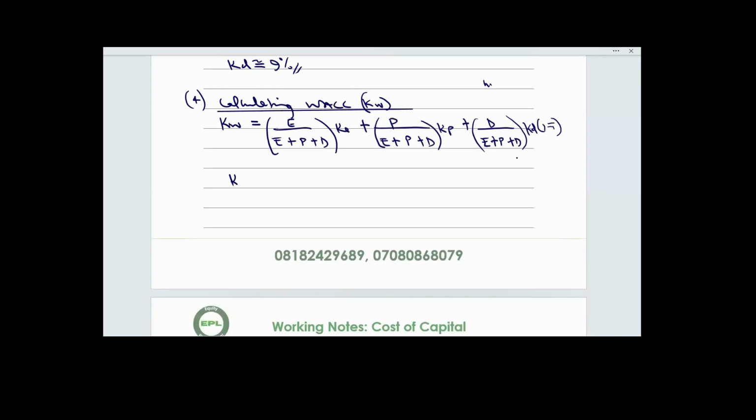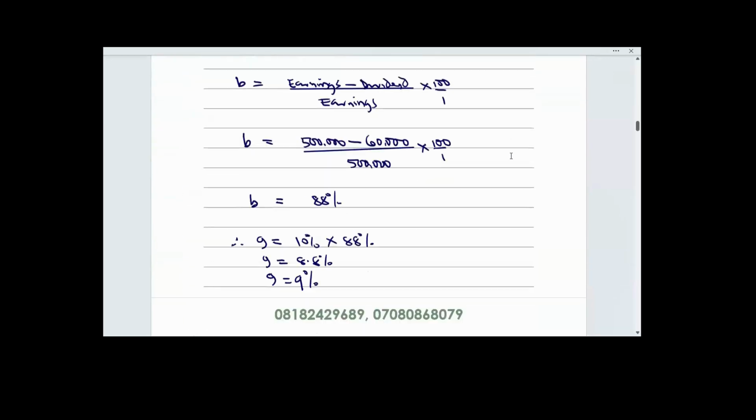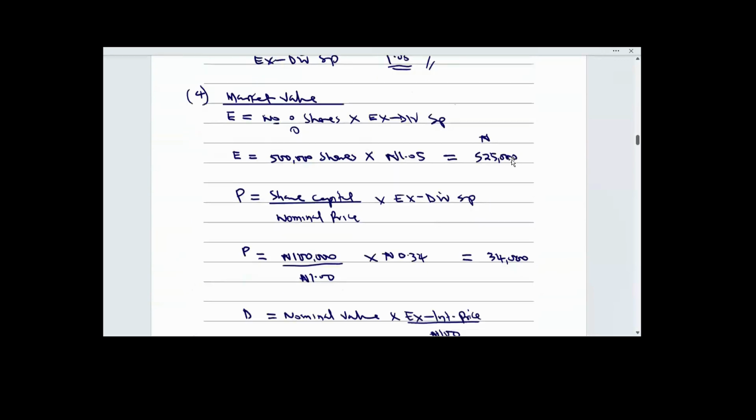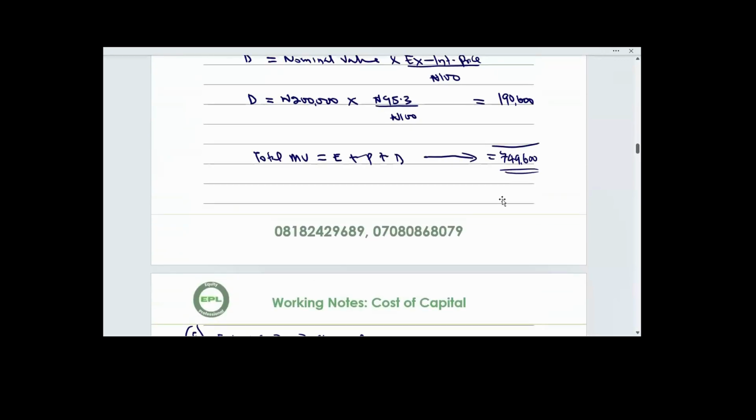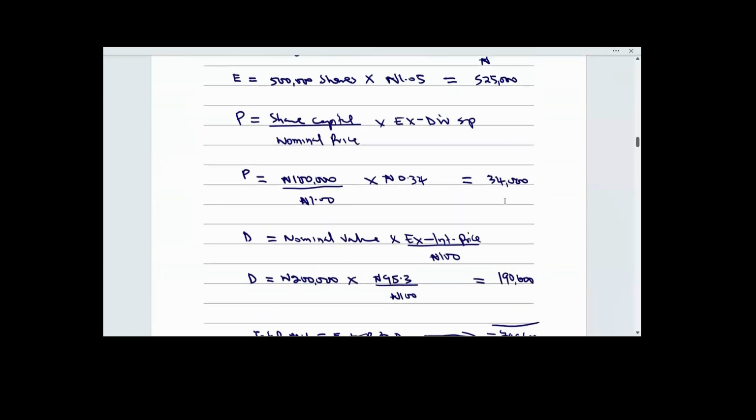Therefore, WACC will be equal to equity value, we got 525,000 naira. The total market value of equity, preference, and debt, is 749,600. Yes, that's working number 4.